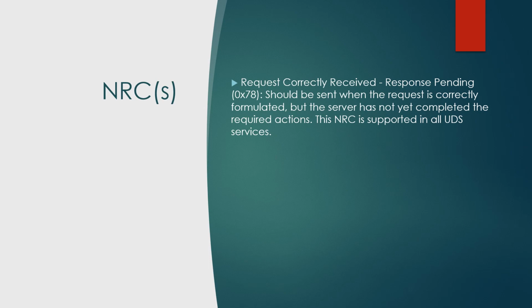Here we have given a little more detail about it. First, request correctly received but response pending. This should be sent when the request is correctly formulated, but the server has not yet completed the required actions. So in this case, response pending needs to be sent.